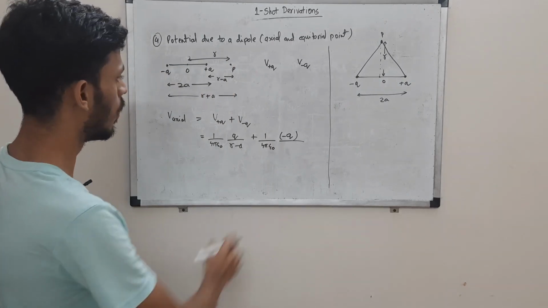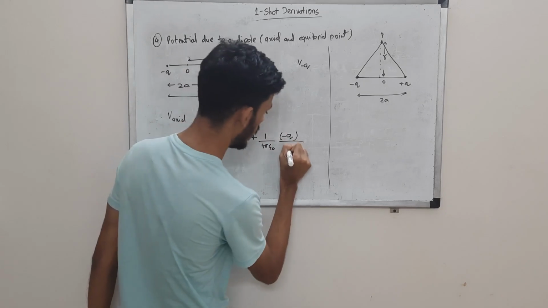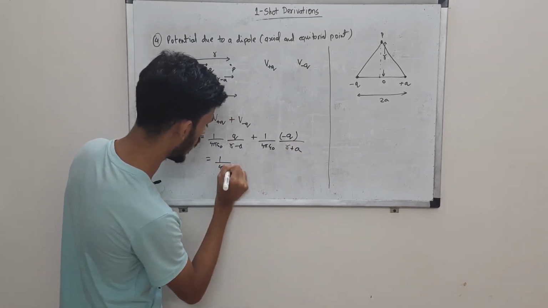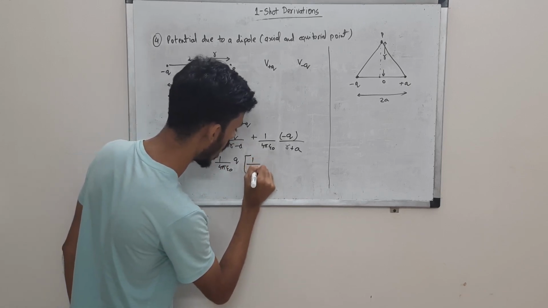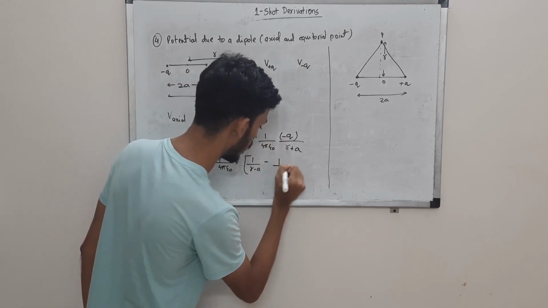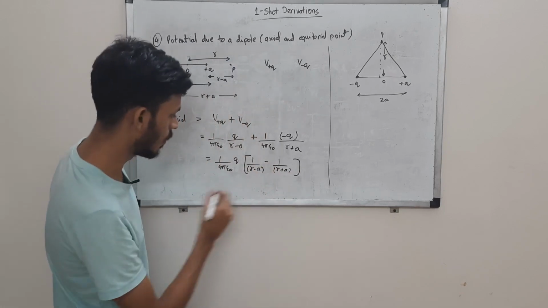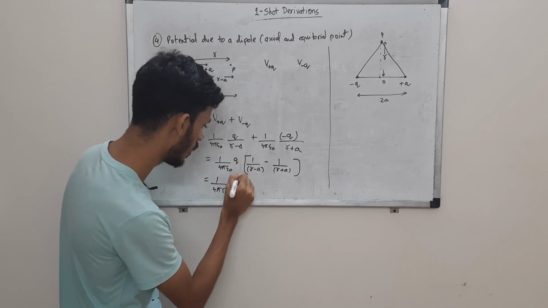So now minus q, the distance between minus q and P is r plus a, right? So now we can take 1 upon 4 pi epsilon naught common. q can also be taken common. So here we will have 1 upon r minus a, and this minus sign will remain, so minus 1 upon r plus a. Okay, so now let's solve it further. We'll have 1 upon 4 pi epsilon naught.